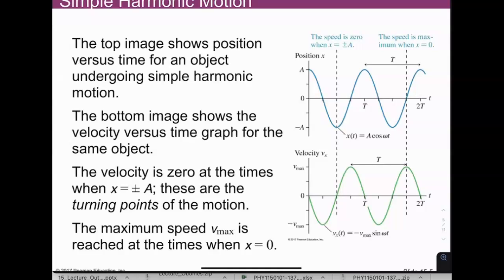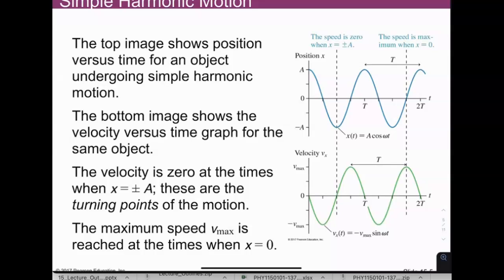In the images shown, the top image shows position versus time for an object undergoing simple harmonic motion. The bottom image shows the velocity versus time graph for the same object. So, I repeat, the top image is position versus time, and the bottom image is velocity versus time.